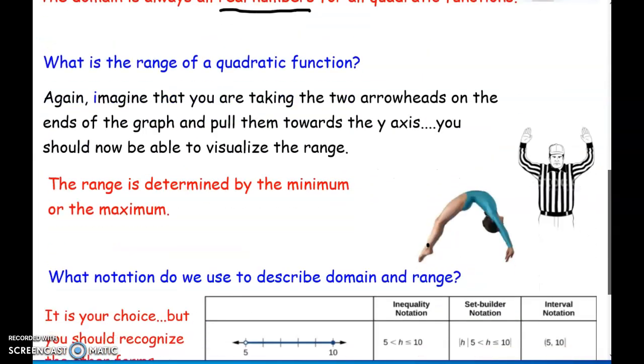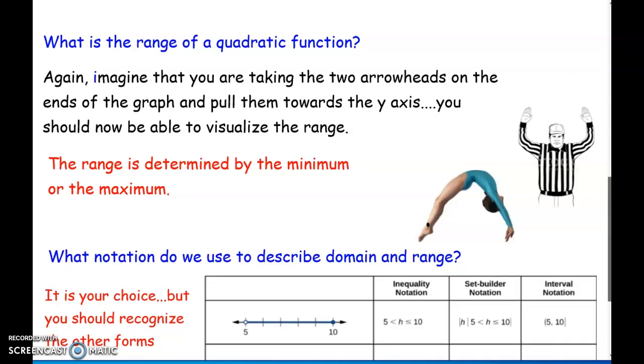Okay, range. What's the range of the quadratic function? Again, imagine you're taking the two arrowheads. So you're always focusing on those arrowheads. So here's my parabola, and this is one that's going up. Here are my arrowheads. Imagine that I take those two arrowheads, see how his hands are up in the air like that? If he claps them together, what happens? I get a straight line going up.